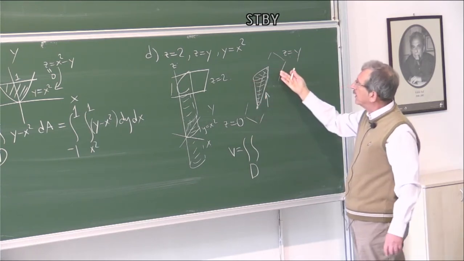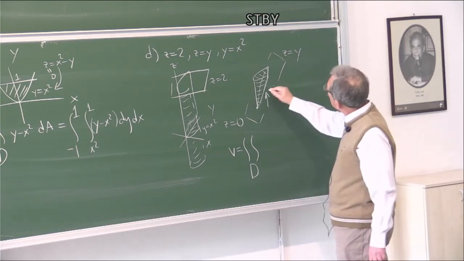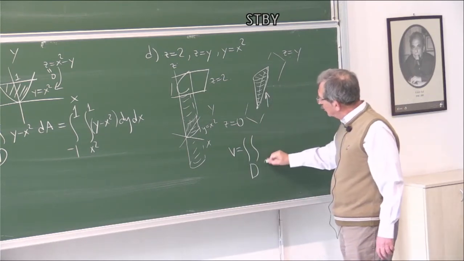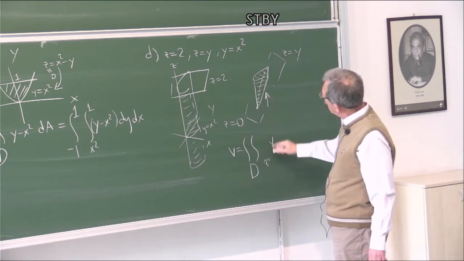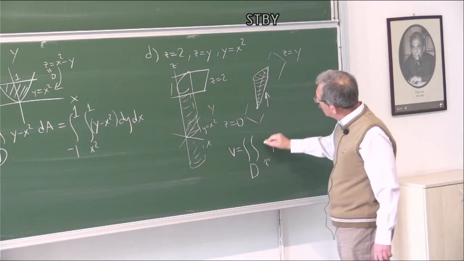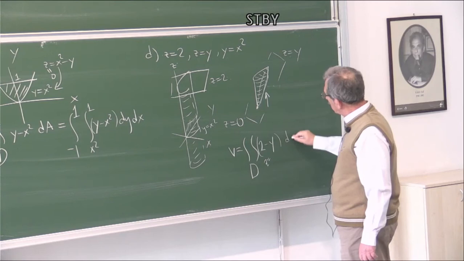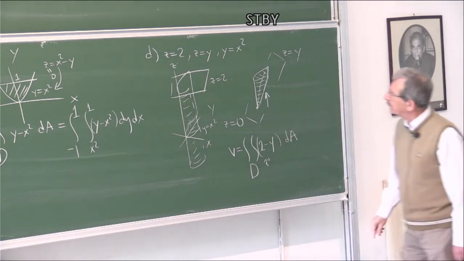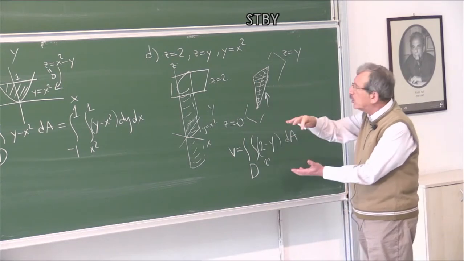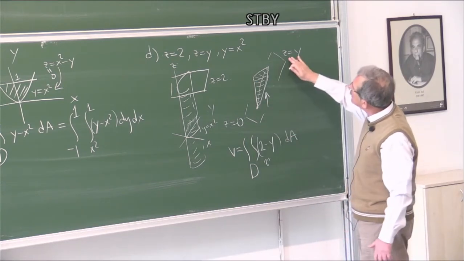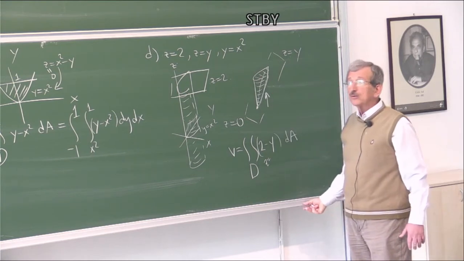The top plane is z equal to 2. So it starts from z equal to y, that's the lower one. We subtract it from the top one, and then we have dA. Now, this is a solid bounded between two surfaces. The lower surface is z equal to y. The top surface is z equal to 2.